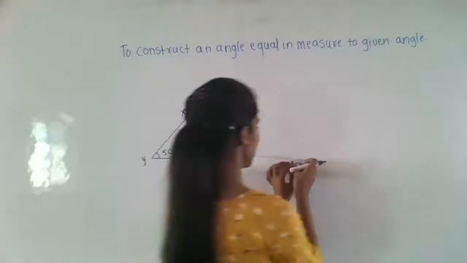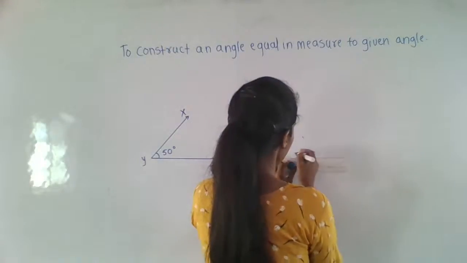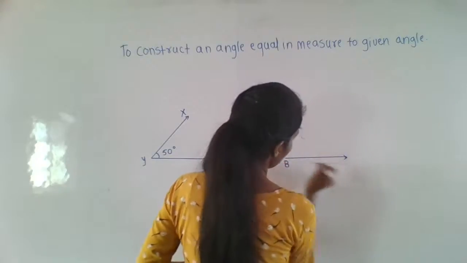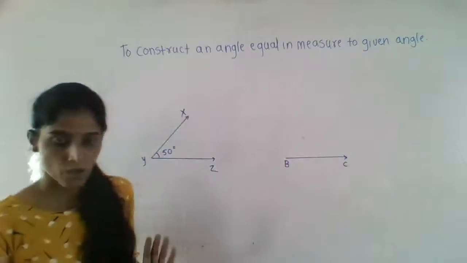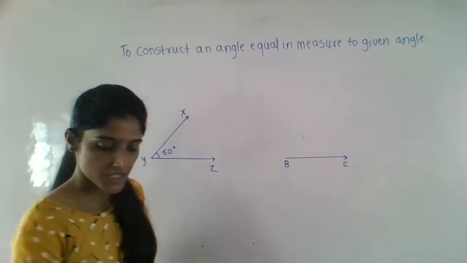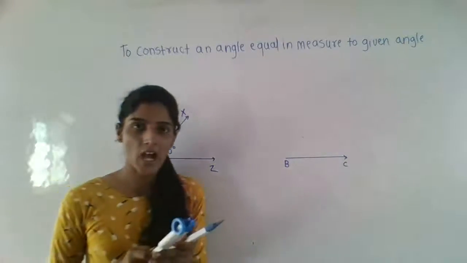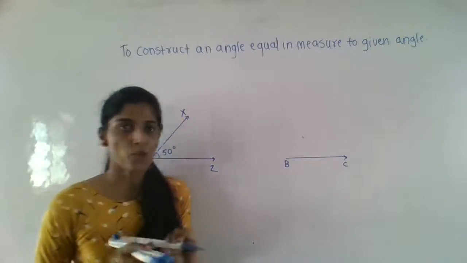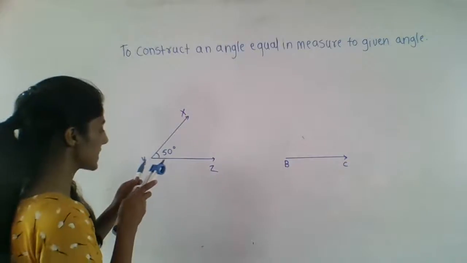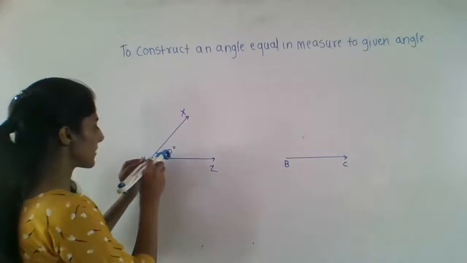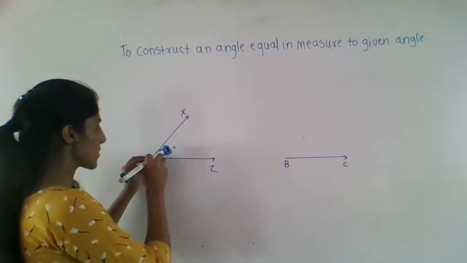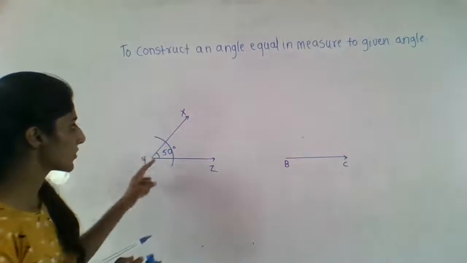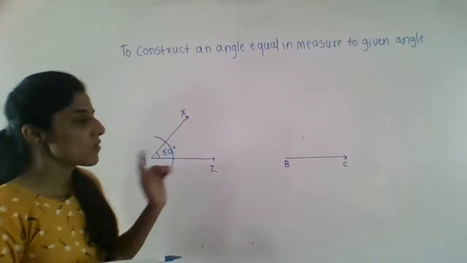Let's see. First draw a ray, that is BC. Now we want to draw an angle. What is our first step? Take your compass and draw an arc with any convenient distance. Place the point of the compass on the vertex of the angle and draw an arc which cuts both rays YX and YZ.